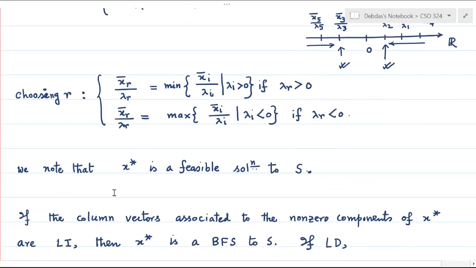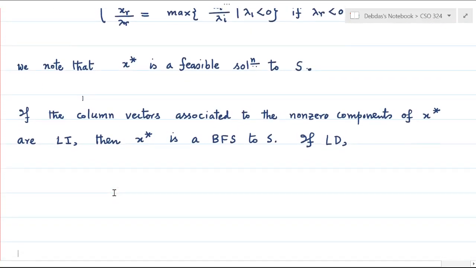If not, you follow the same process of reducing X bar to X star again. In this way you are reducing the number of vectors in a1, a2, a3 till ap, and at the end of the day you will find that there exists a basic feasible solution to the given set capital S.